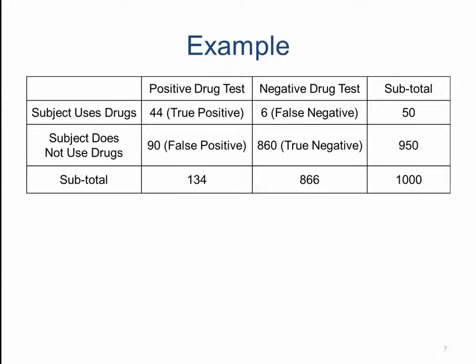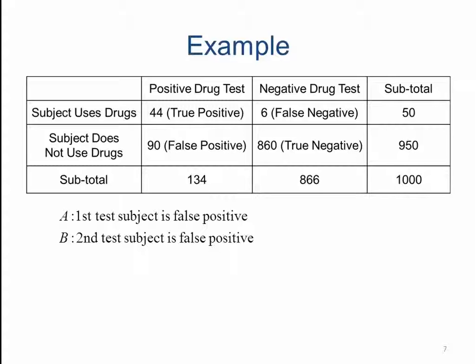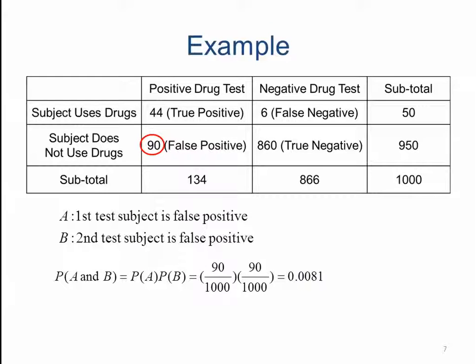All right, so let's take a look at that. Define the event this way. Event A is first test subject is false positive. Event B is the second test subject is false positive. So we have 90 of them out of 1000.